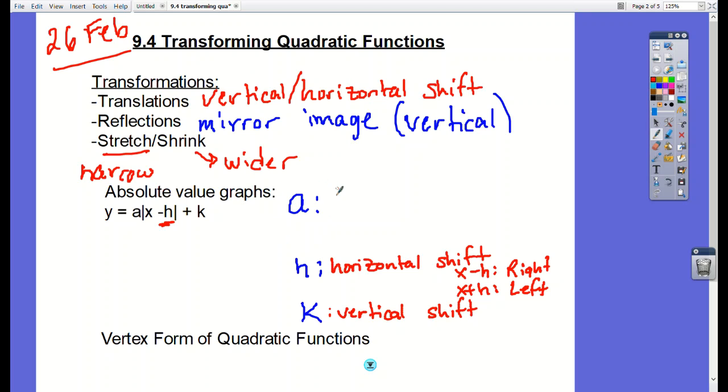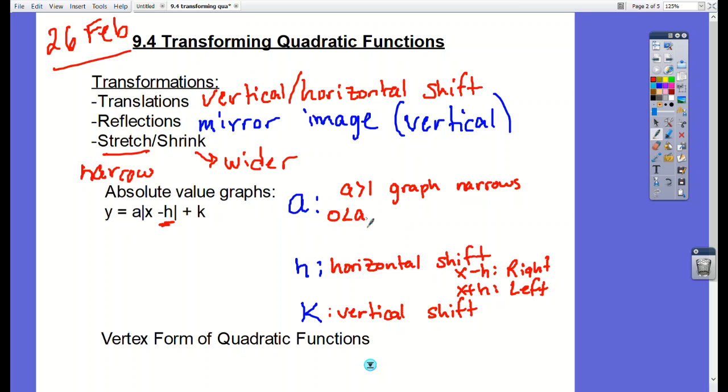Okay, so in an absolute value, the A did change the slope. But we want to make this more general terms. So really what we could say, and it's really just this stretch shrink, when A is greater than 1, this made the graph narrow, which we saw in our warm-up with an A value of 2.